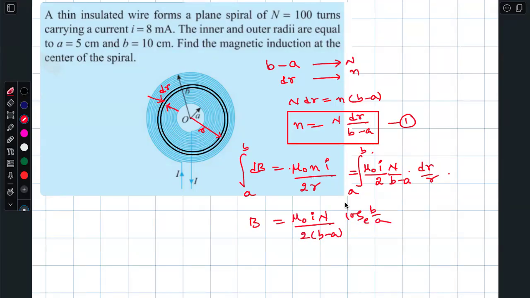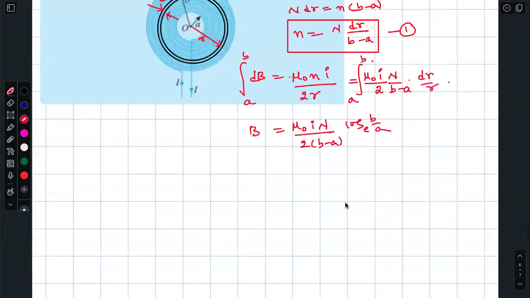Got the point? It's a very good concept. In the last 15 to 20 minutes, I will introduce another concept, Ampere's law, but I will cover the maximum number of models. Next thing.